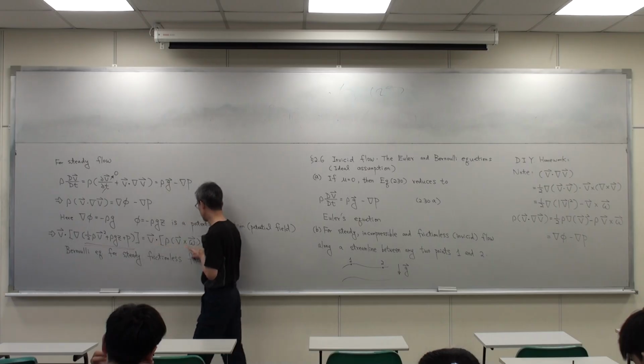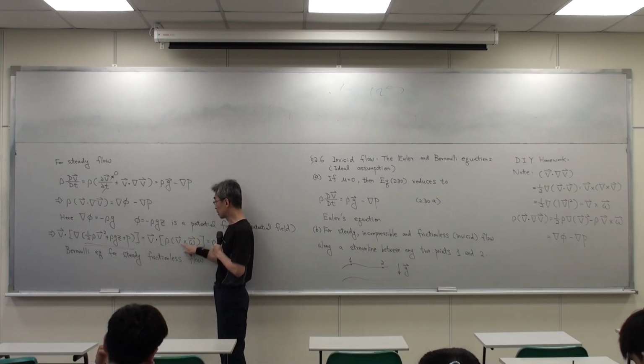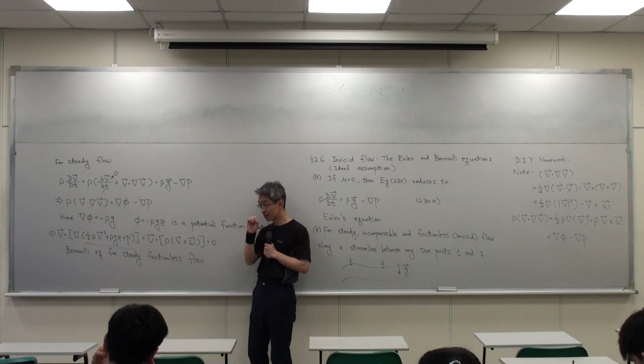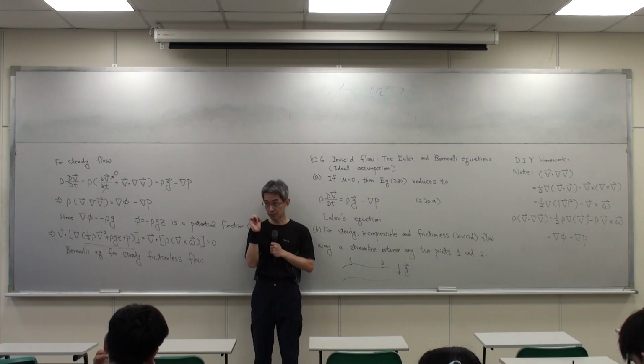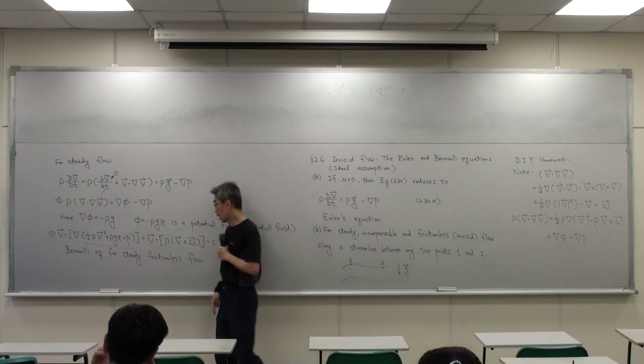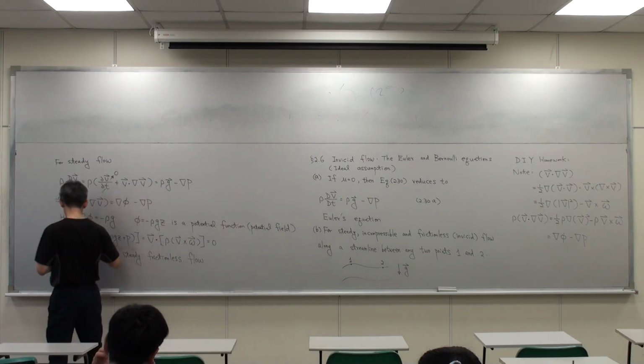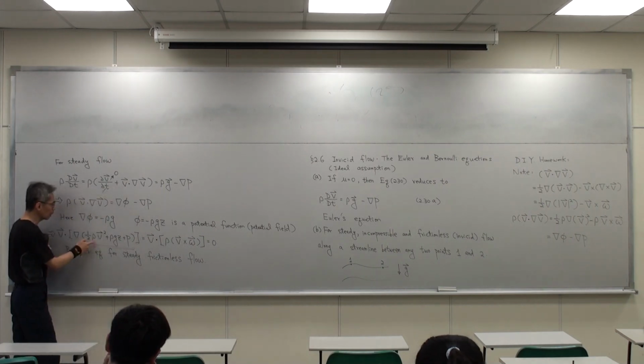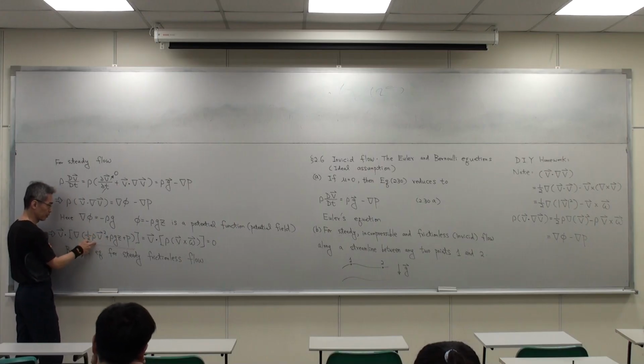Because it must be perpendicular to either one, that's why the right-hand side becomes 0. Make sense?